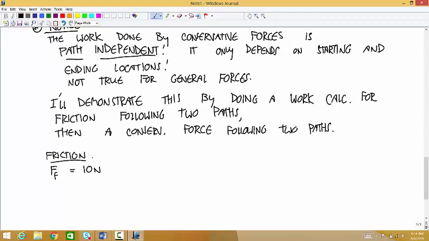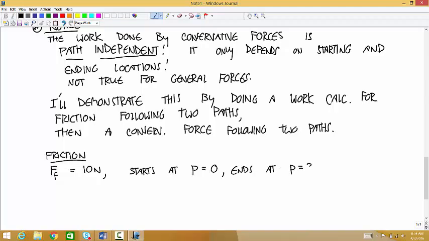And remember that the force of friction always points opposite the velocity vector. And let's say the starting position is always going to be the origin, and it's always going to end at 3 meters. Position equals 3 meters. But it's going to take different paths to get there.